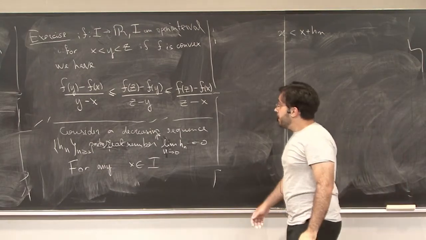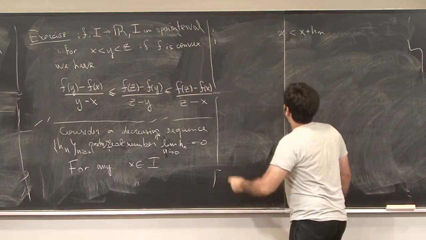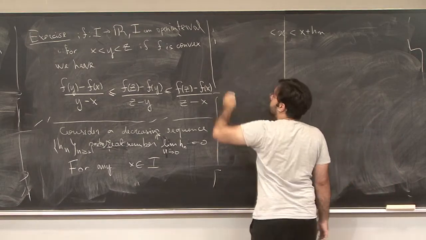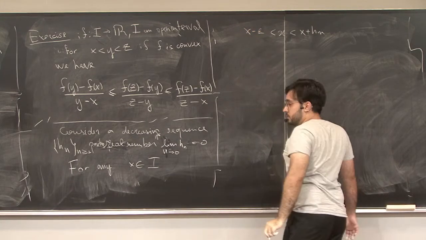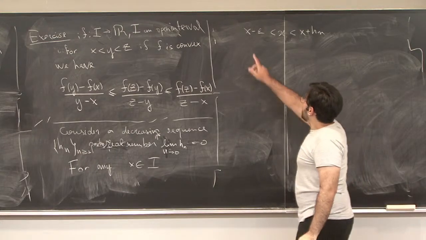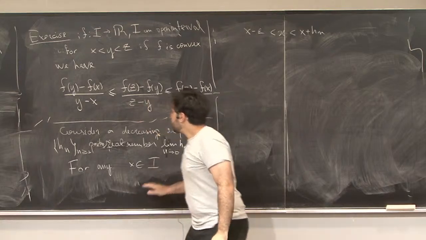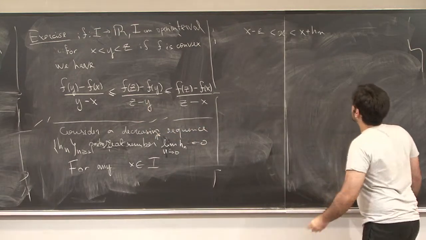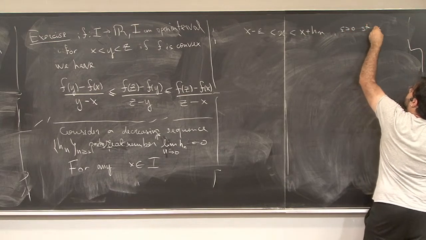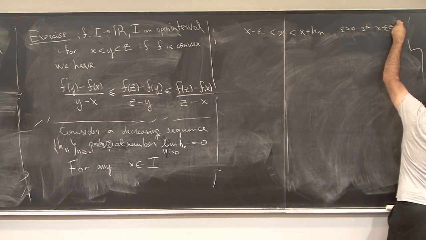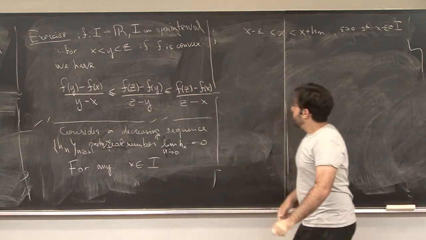And since the interval is also open, there will be some very small epsilon positive such that x minus epsilon is still in the interval. This is true because the interval is open.